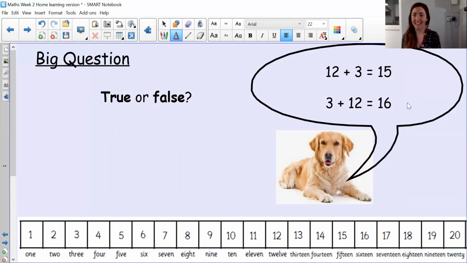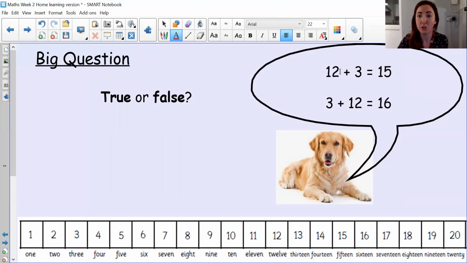Okay, it is false. Now, 12 add 3 does equal 15, so that part is true. But 3 add 12 equals 16. That is not true. Now, if we remember that when we are adding, it doesn't matter which order we add.